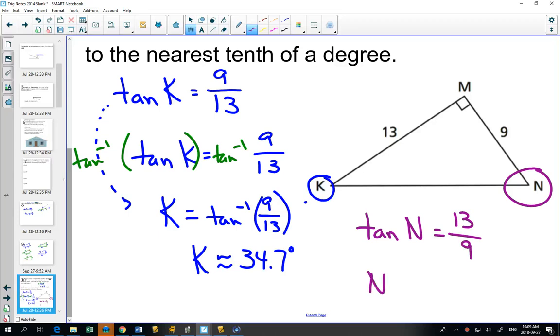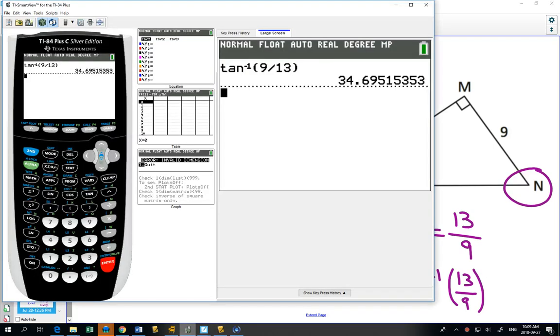So angle n, in my head, I take tan inverse of both sides to undo the tan. But because I'm inherently lazy, I'm just writing this next step, 13 over 9, which is what I will type into my calculator. So I go second tan, 13 divided by 9.